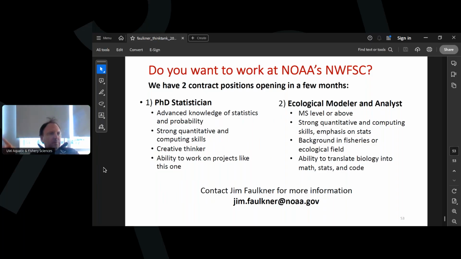If you or anybody you know, just be aware that these could be coming out. I shouldn't say these are for sure, but I just want to put it on your radar that these could be coming around in a couple months.